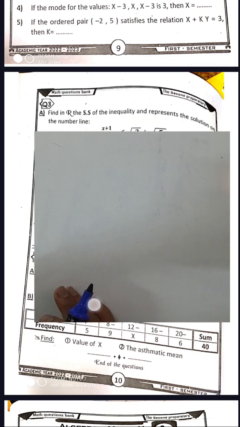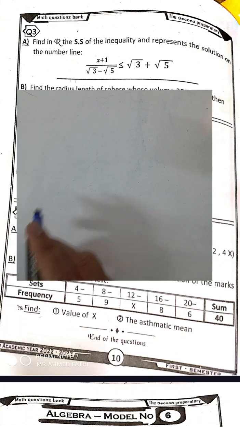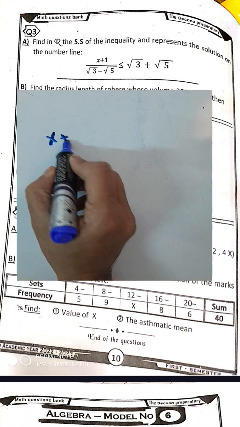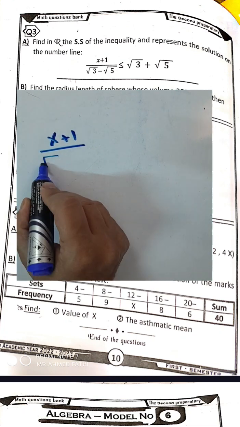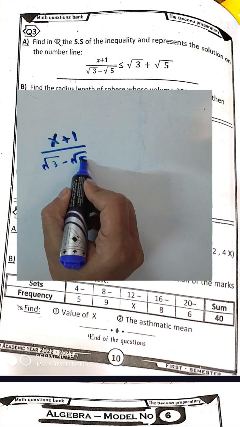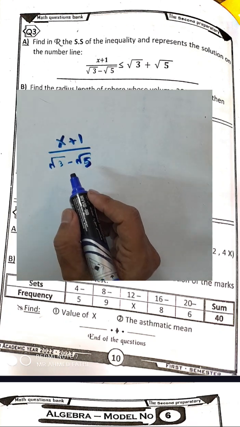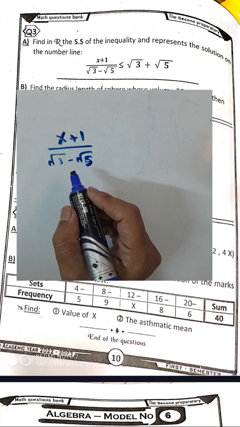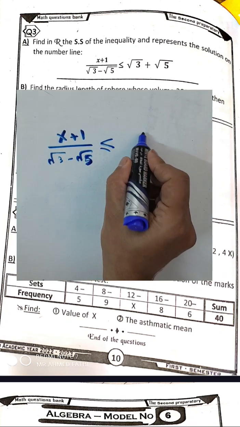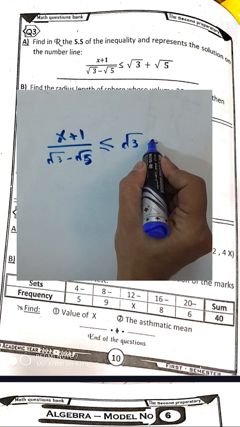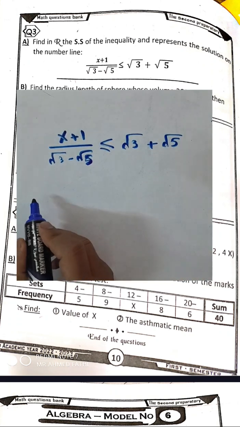Next question. Find in R, the real numbers, the solution set of the inequality, and represent the solution set on the number line. We have (x plus 1) over (root 3 minus root 5), less than or equal to root 3 plus root 5.